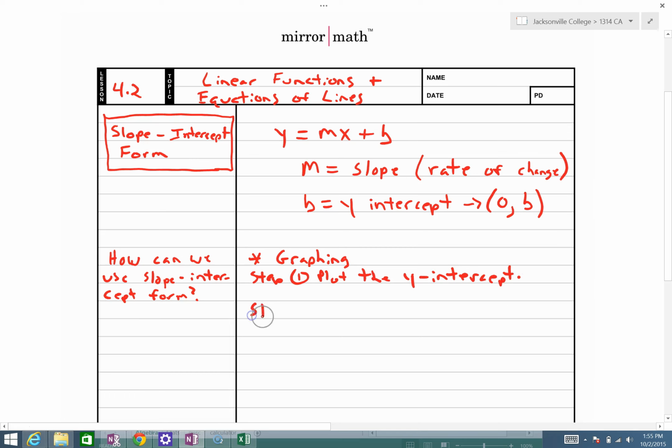Then step 2, we will use the slope, and we'll think about the slope in this context as rise over run, to generate additional points.